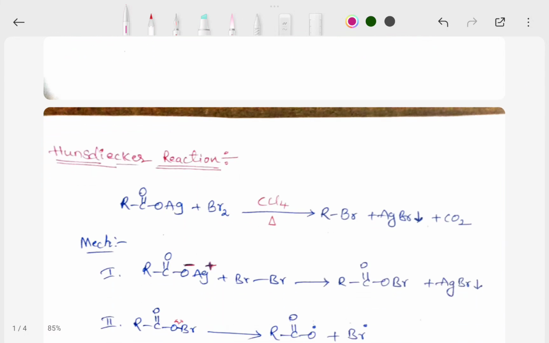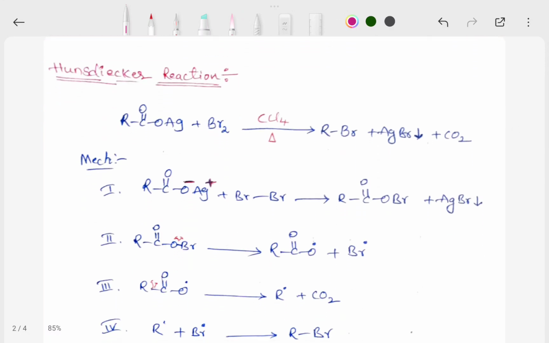Next is the Hunsdiecker reaction. The Hunsdiecker reaction is also called decarboxylative halogenation.